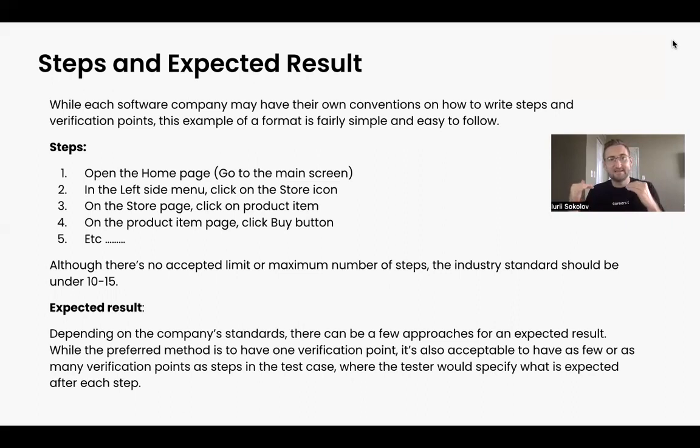But this is the example we think is fairly simple and easy to follow, and it will always show your managers and colleagues that you know what you're doing, because these are kind of the best practices on how to write certain things. So let's start with the steps.